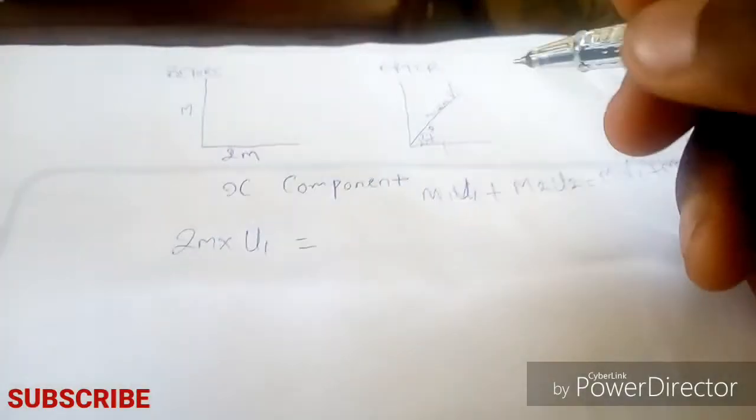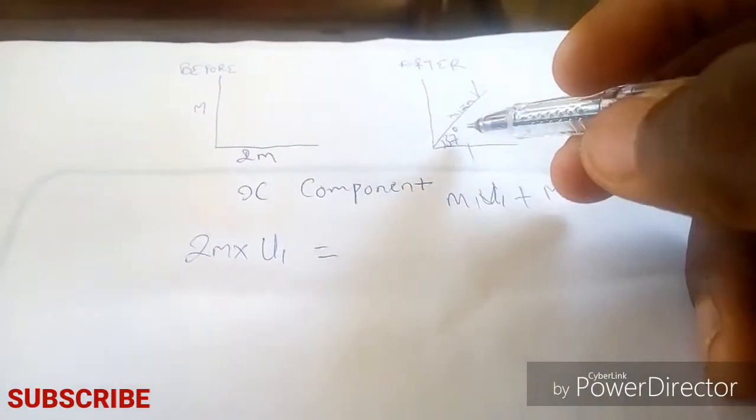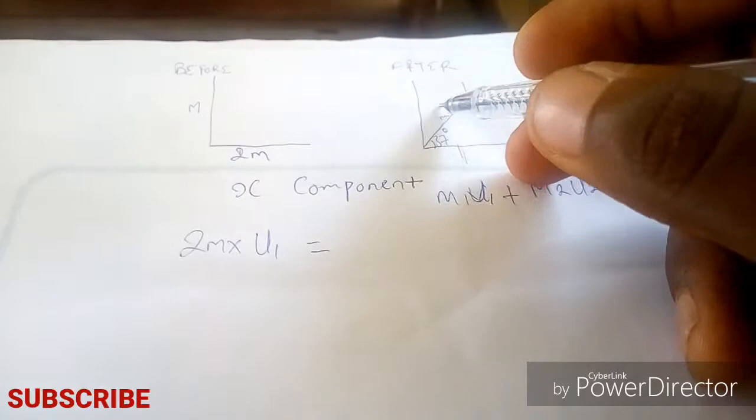On the x component, we have the quantities. This is adjacent and hypotenuse.